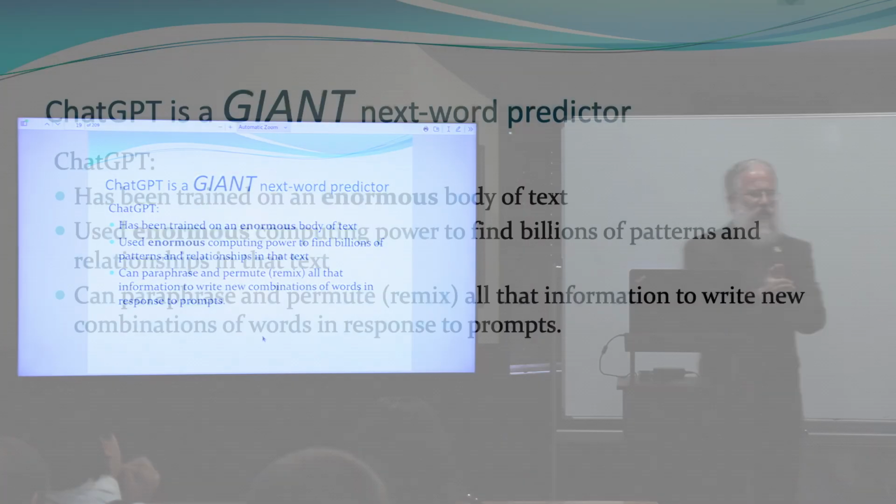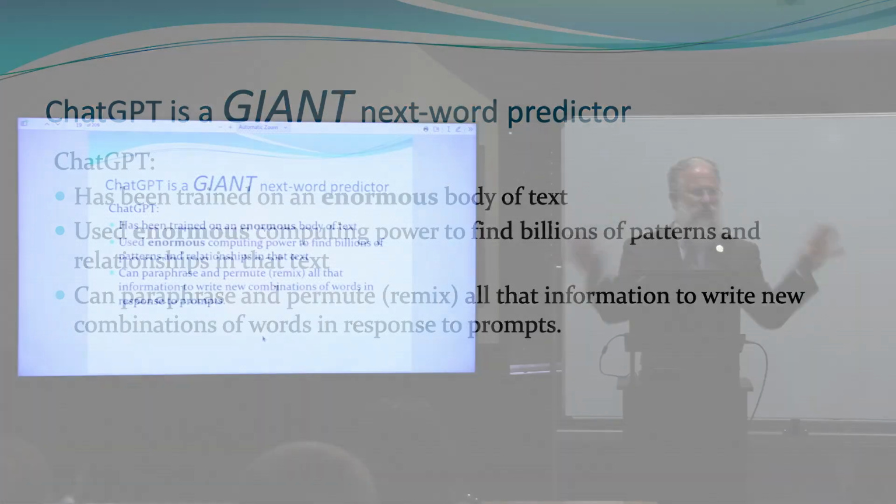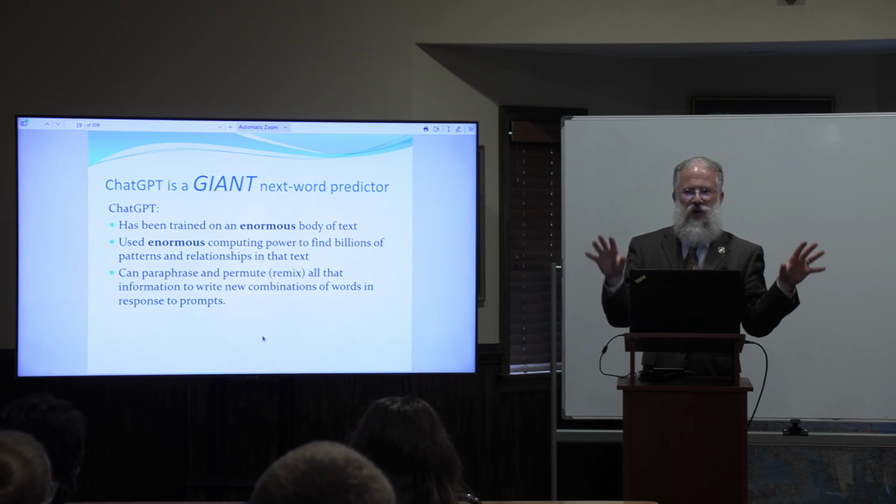ChatGPT has been trained on an enormous body of text, so a huge amount of text, and then it's used enormous computing power to find relationships, patterns, frequency relationships between individual words, sentences, paragraphs, whole chapters, whole works, and relate all these texts to each other in very elaborate ways.